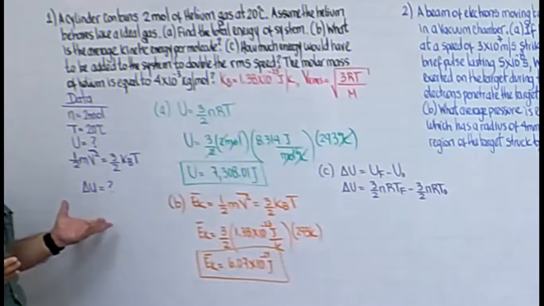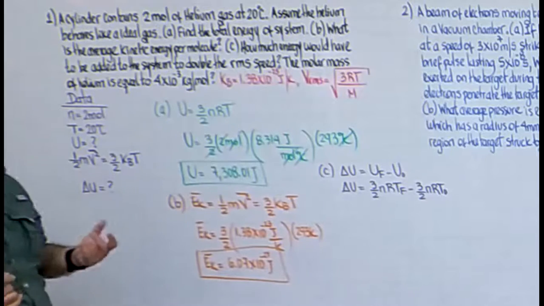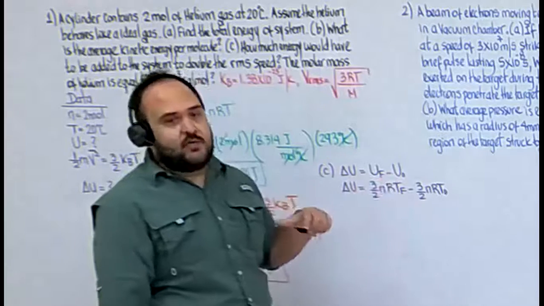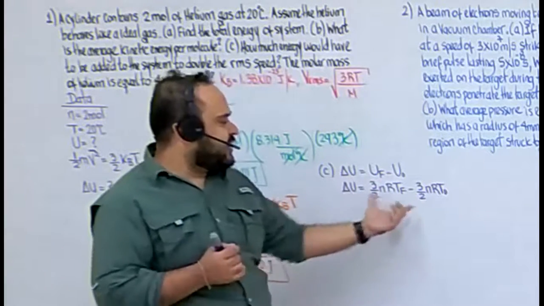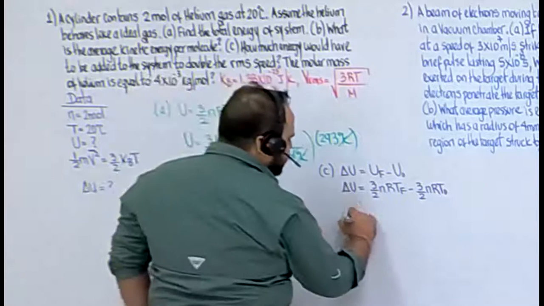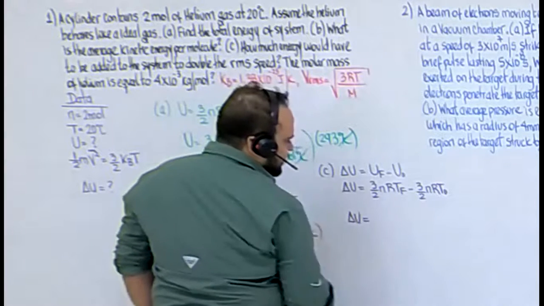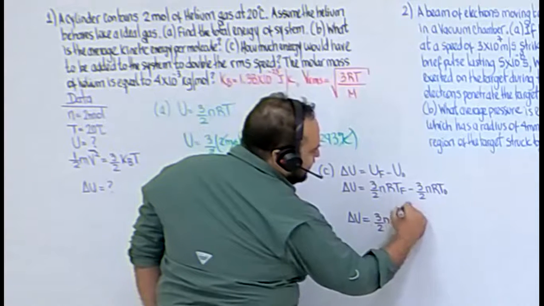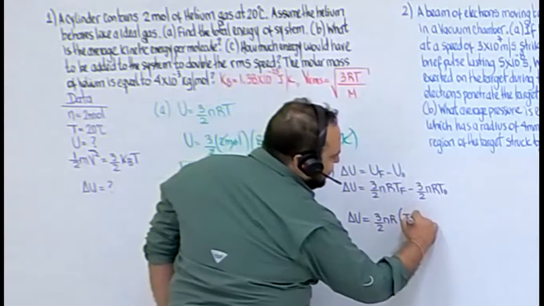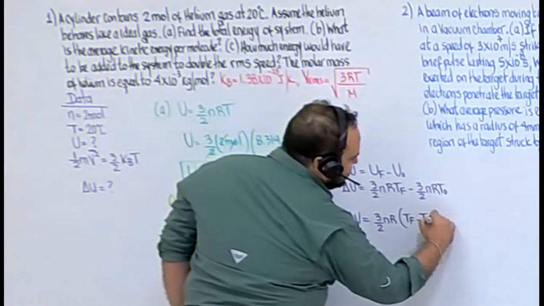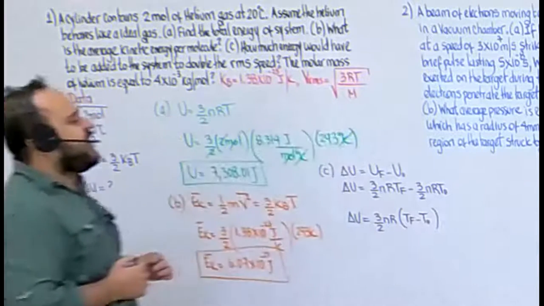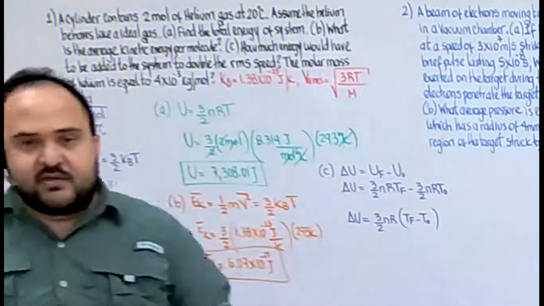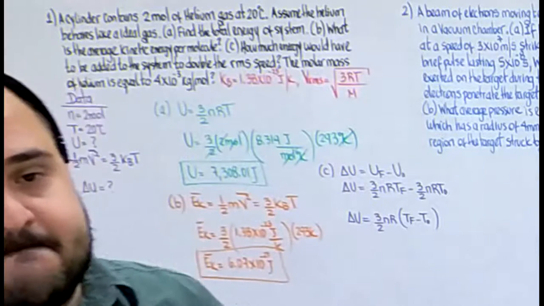We don't know the final temperature. We have to look for the final temperature. If we want to summarize this formula, we can take the common factor, 3/2 R, multiplied by TF minus TO. If we knew the final temperature, we wouldn't have any problems.